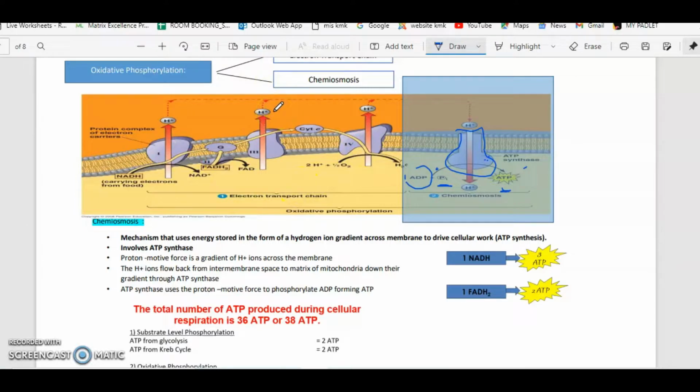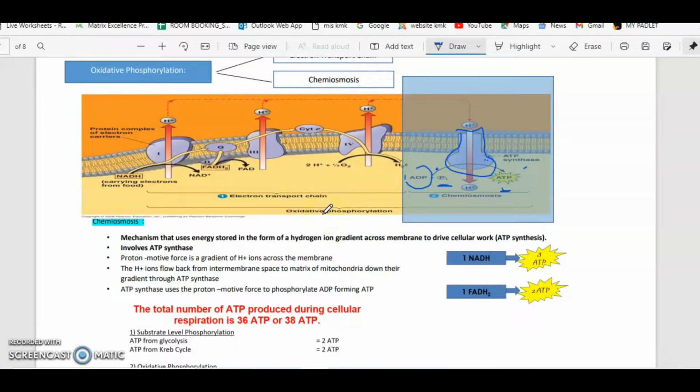So the consequence is, the intermembrane space has a high concentration of hydrogen ion compared to the matrix. This creates what we call a hydrogen ion concentration gradient. Concentration gradient ni maksudnya apa? Dekat intermembrane space ni ada banyak hydrogen ion compared kepada matrix. So this concentration gradient will cause the hydrogen ion from the intermembrane space to flow back to the matrix.